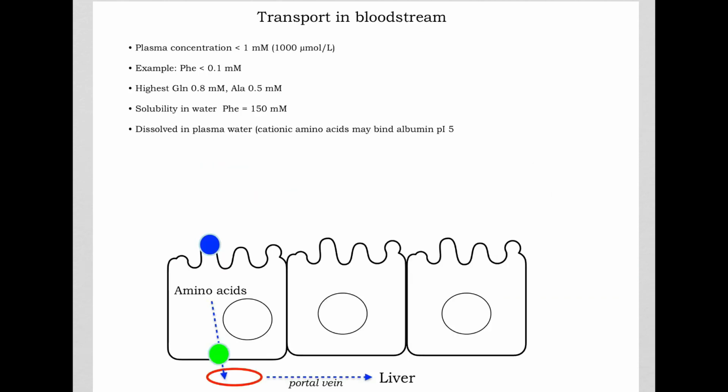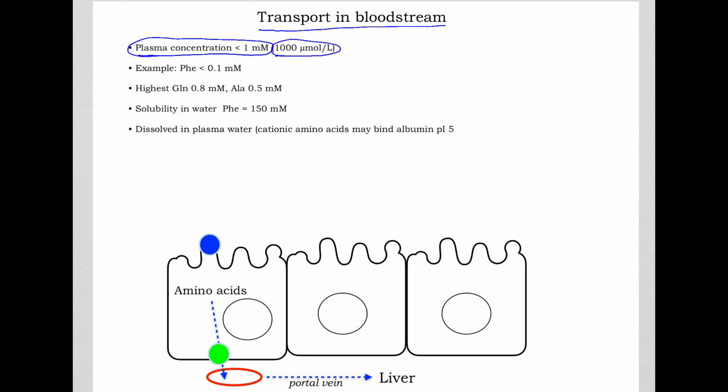A few words about the transport of amino acids in the bloodstream. If you look at the plasma concentration of amino acids, it's usually less than 1 millimolar. That's, we're talking about less than 1,000 micromole per liter.